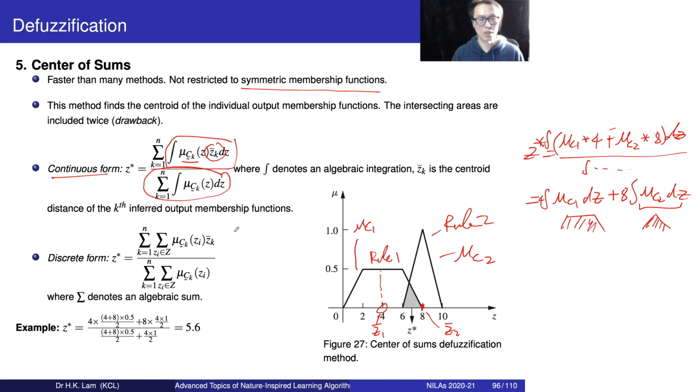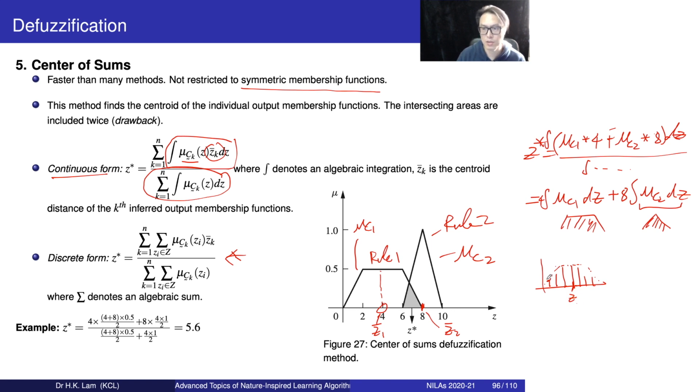Okay, for the discrete form, we are going to do a similar thing. Instead of using a continuous form, the trapezoid could be something like this, so we have the nth root, and it looks like a trapezoid. The meaning of this one, mu ck, because we still have the centroid right here.